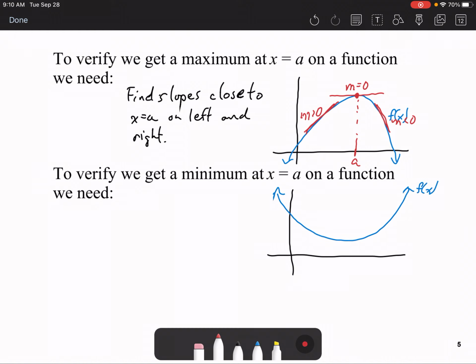The only difference here is the slope at the minimum is still 0, but on the left the slope is negative, and on the right the slope is positive. So again, you want to find slopes close to the maximum or minimum value at x equal a on the left and the right, and verify their signs and verify that the values are close to 0.